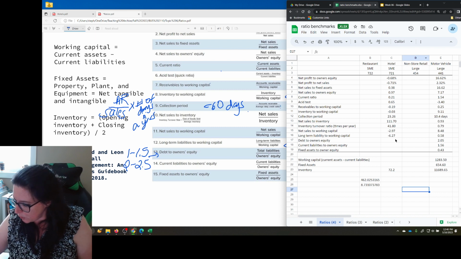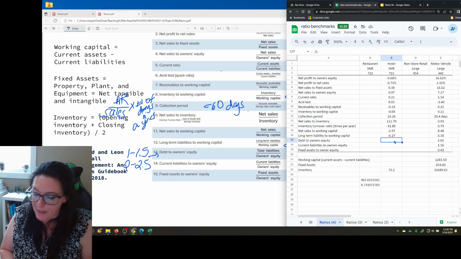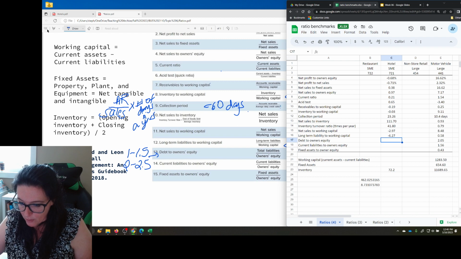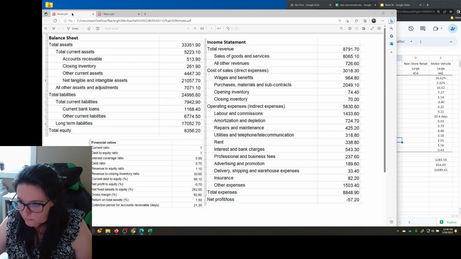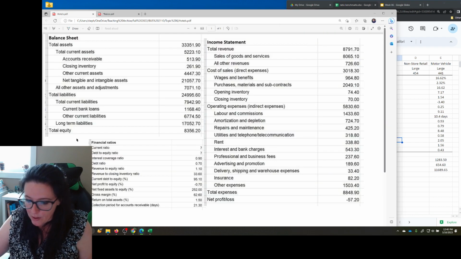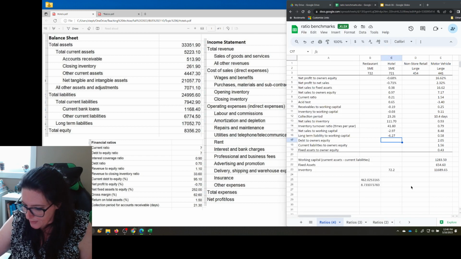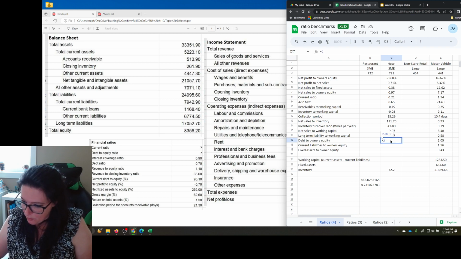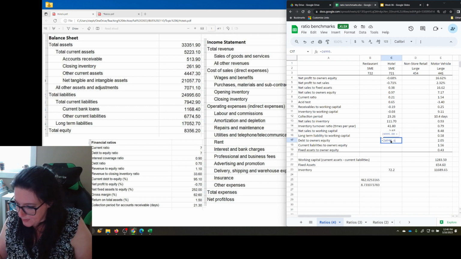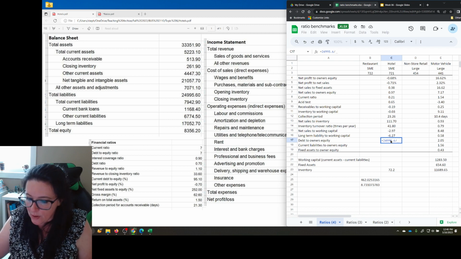All right, let's take a look at the hotel industry. So let's look at their debt to owner's equity. Here we're looking at total debt, so total liabilities. 24,995.6 is debt, and then owner's equity 83,5620.